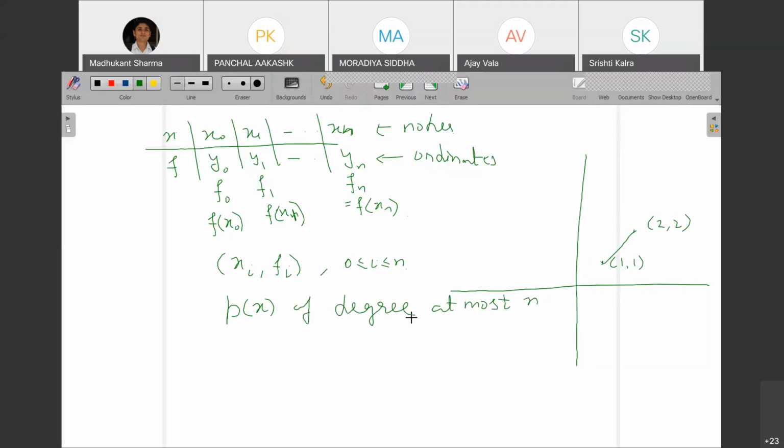So with n plus 1 data points, because with 2 points you can construct a polynomial of lowest degree, degree 1. With 3 points, if you include one more point, you can construct a polynomial of degree at most 2. And not only the smooth curve, you may wish to know the values in between some points. Suppose you have been given data and you wish to know the value at some x in between.